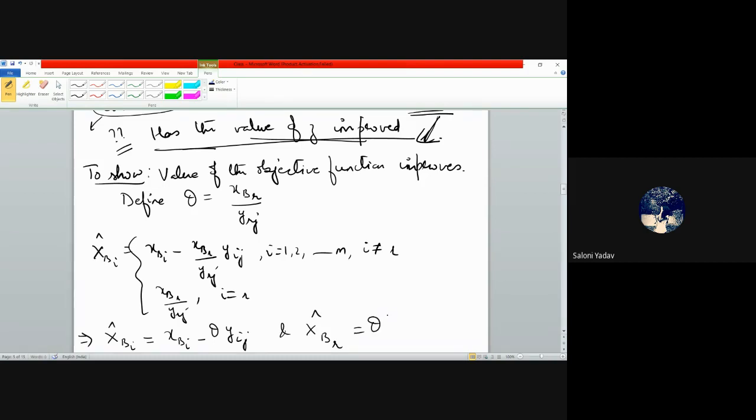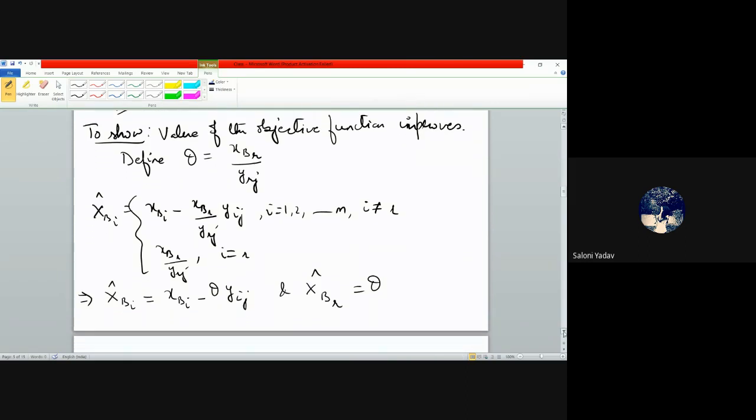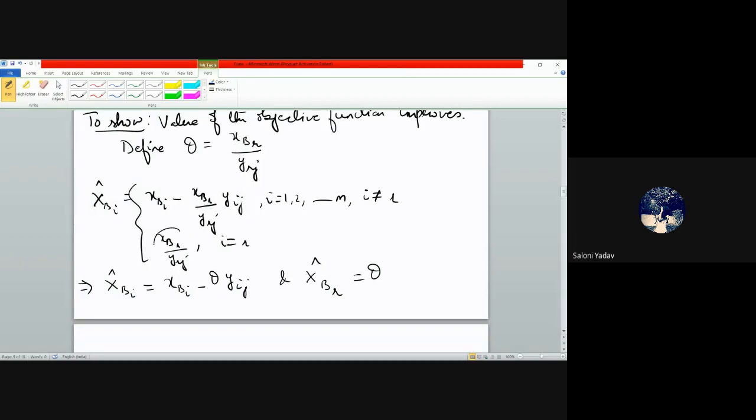Is it okay now? So it's understood that in the earlier one I is not equal to R, and when we call it R, this term itself is theta. So XBR cap is theta, and XBI cap for I not equal to R is defined like this, minus theta Yij, where theta is the minimum ratio that we have chosen, okay?